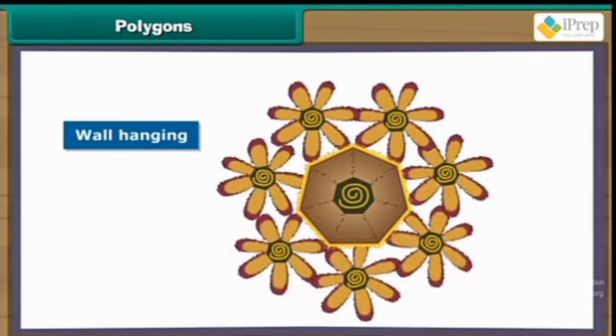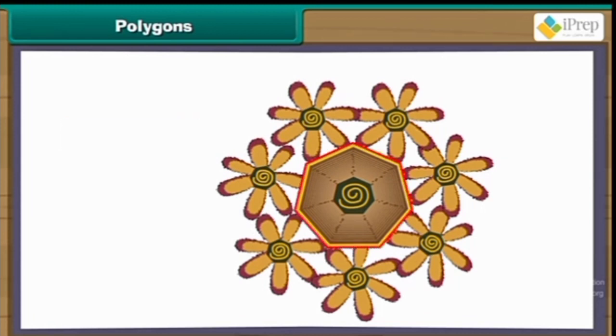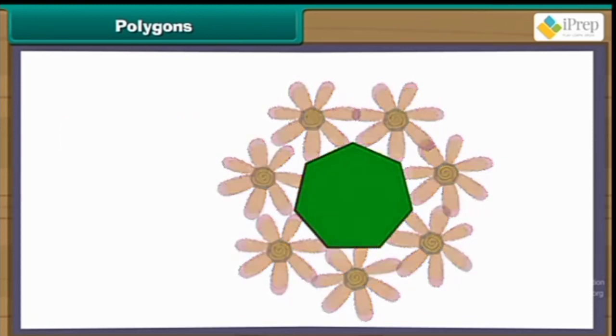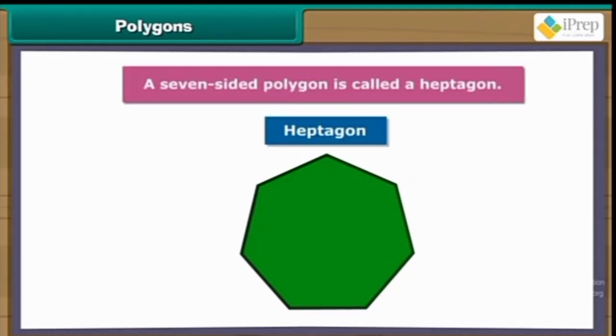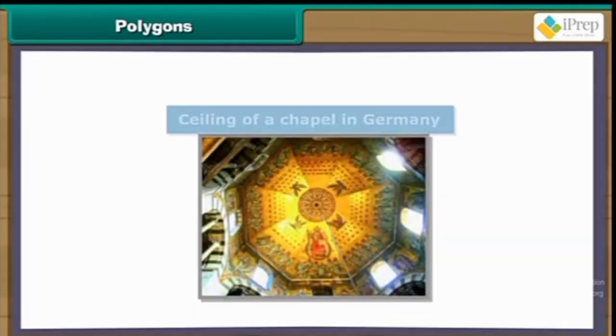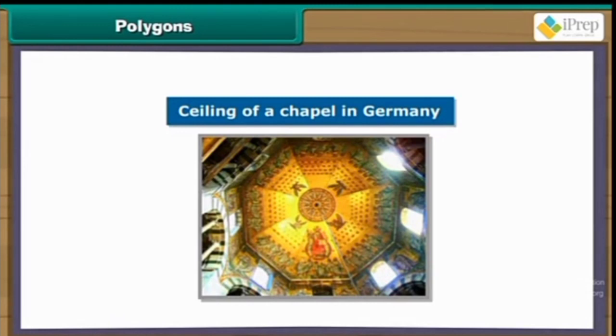Let us create a wall hanging using 7 straws. The rainbow wall hanging with 7 line segments is ready. A 7-sided polygon is called a heptagon. This is the image of the ceiling of a chapel in Germany.